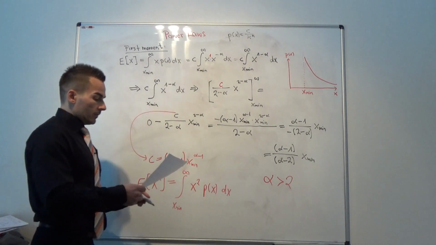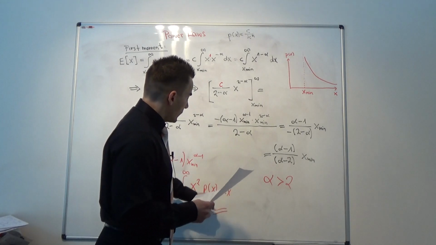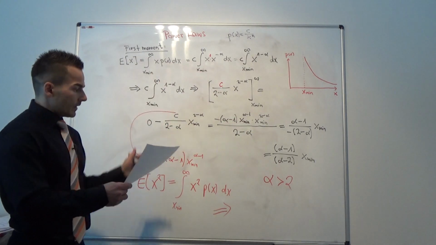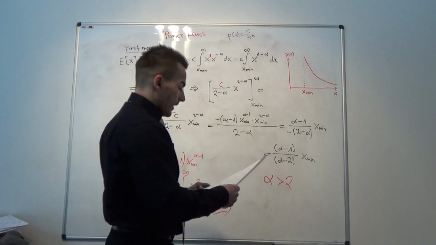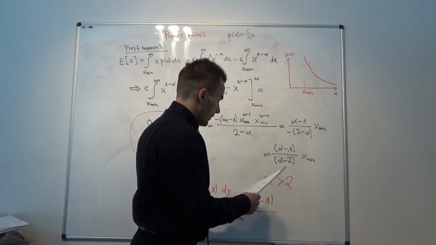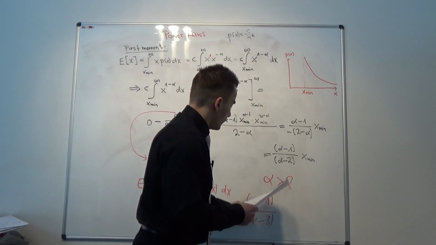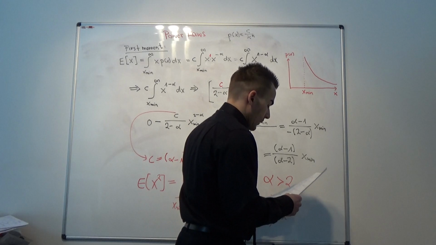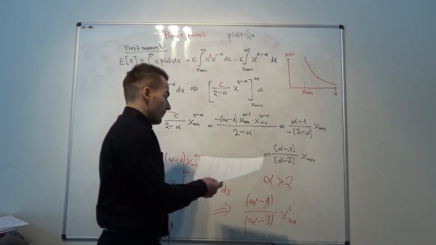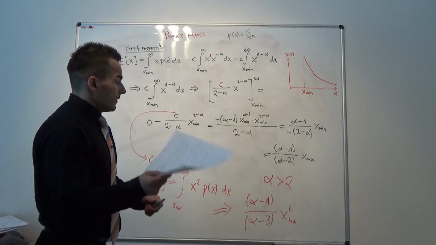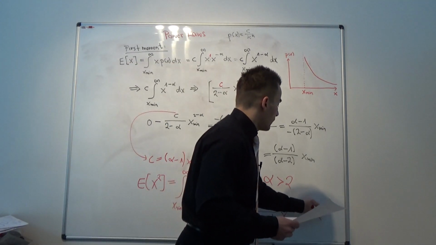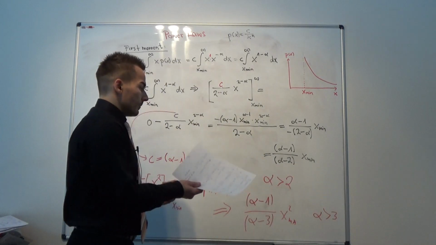If you solve that in the same manner as we solved it for the first moment, what comes out is alpha minus 1 over alpha minus 3 times x minimum squared. So obviously the second moment, which is the variance, is only defined if the exponent is larger than 3.